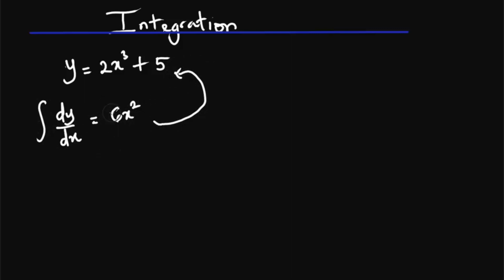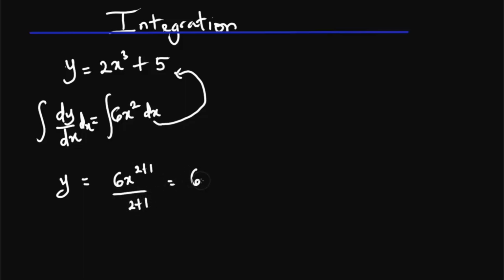So when I integrate both sides with respect to x, I'm going to have the integral of dy dx to be y, and that is going to be equal to 6x squared, add 1 to the power, just like we've done earlier, and divide by the new power, 2 plus 1.